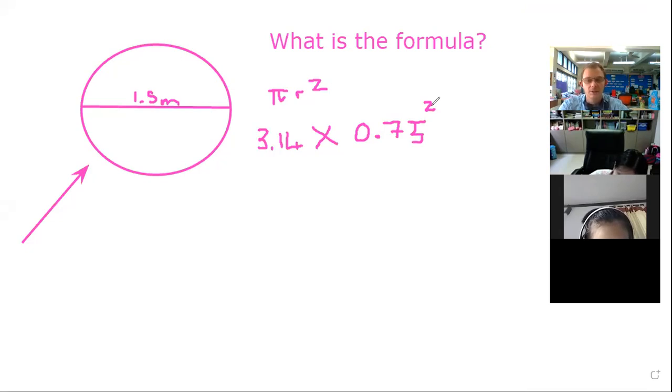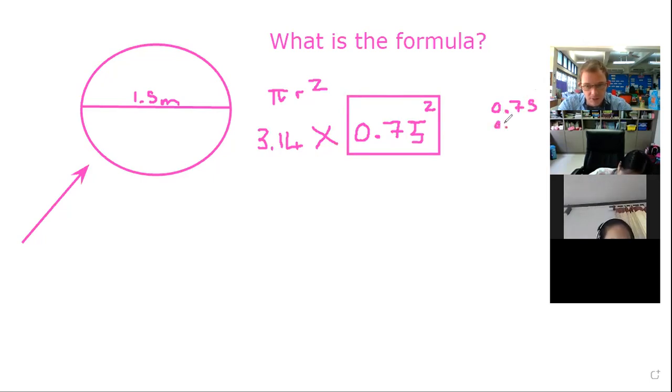Okay. So if we want to calculate first, let's calculate the 0.75 squared. What would that be? If it is squared, we know we multiply it with itself.